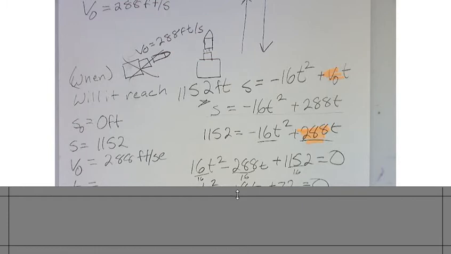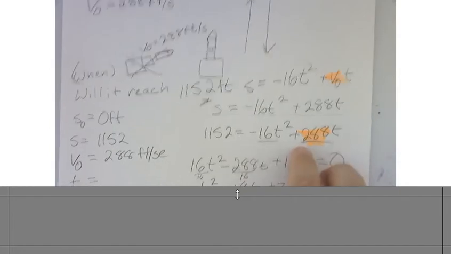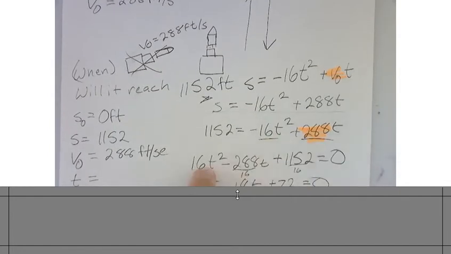So I'm going to leave the 1152 on one side, and I'm going to move the negative 16t squared and the 288t to the other side. In other words, I'm going to move these two things over to this side of the equal sign. That gives me 16t squared minus 288t plus 1152.